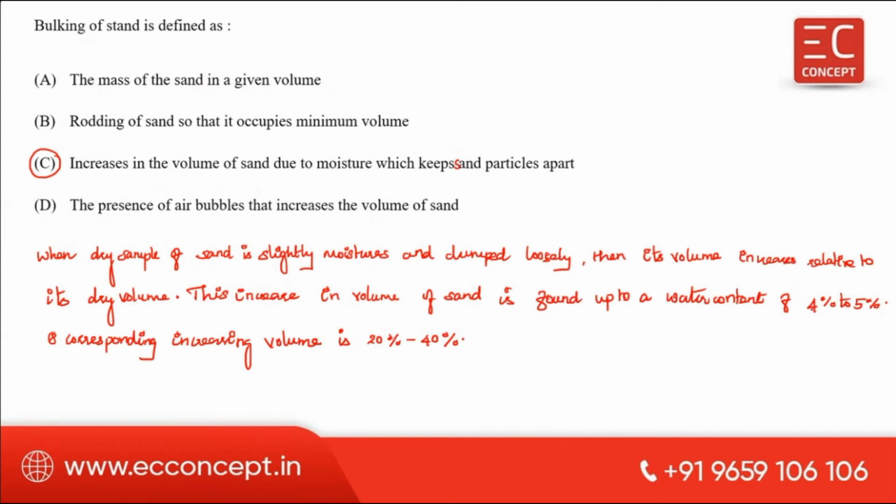And if we increase the water content beyond this 4% to 5%, then instead of increasing, the volume will decrease. So the bulking only happens up to a water content of 4% to 5%. After that, the decrease in volume happens. So this is the question.